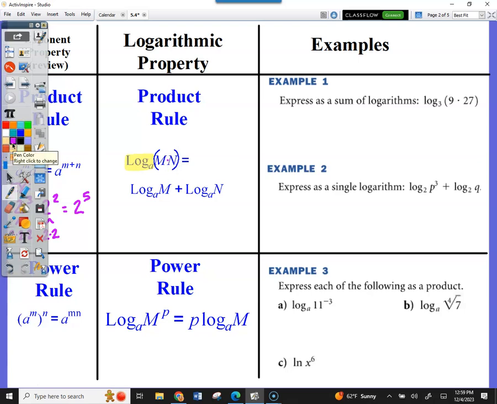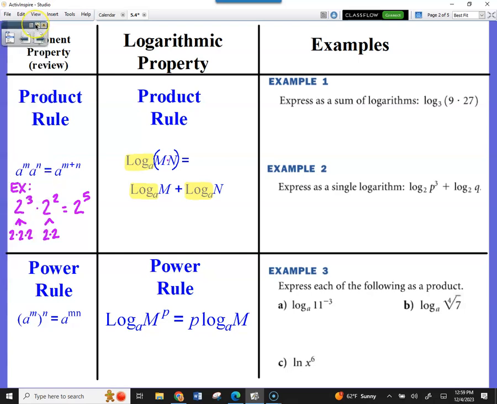So log base A of m times n can be written out in expanded form. This is called expanded form. Notice, this is where your highlighter is helpful. It is log base A for both of them. The expansion part is we take what's in the parentheses and we write it out, and the operation in between is addition. So it's the same mindset as properties of exponents.